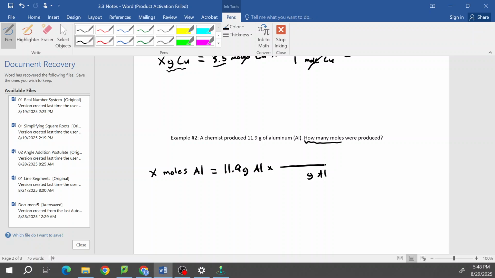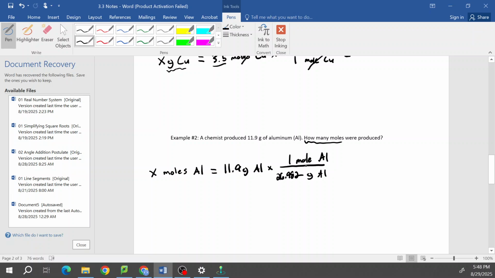Now, do I have some conversion factor that I can use to convert grams of aluminum into moles of aluminum? Well, it turns out I do. I know that 1 mole of aluminum is equal to how many grams of aluminum? Well, let me look at the periodic table, and again, if I find its atomic mass, that should be in grams how much 1 mole is. So 1 mole of aluminum is 26.982 grams.